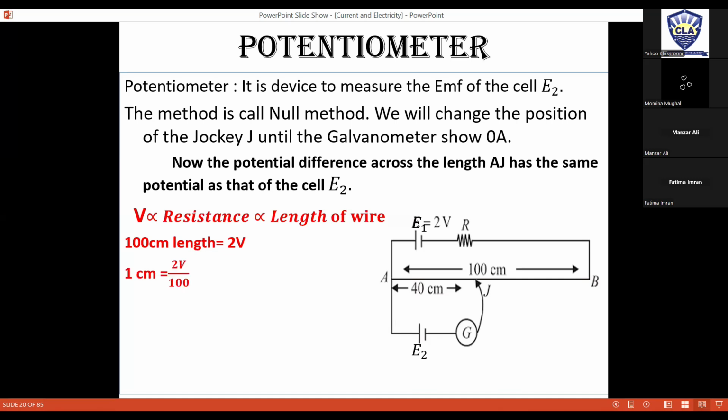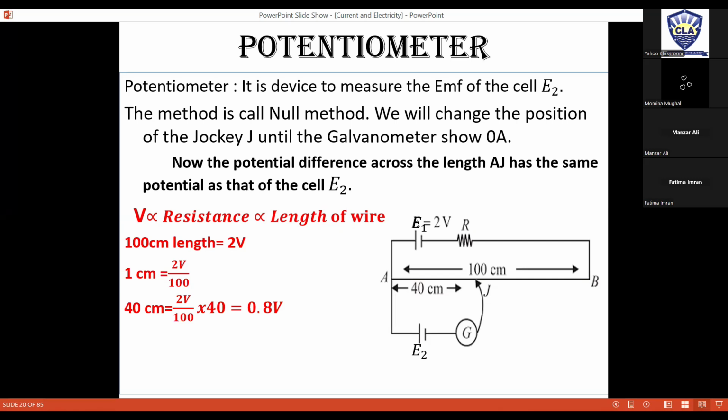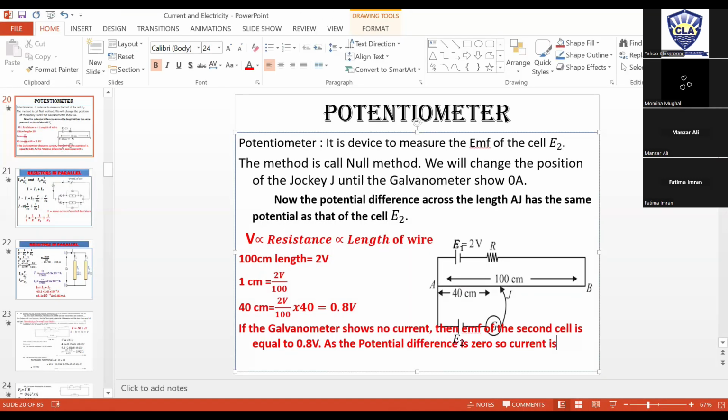If we have 40 centimeters, 1 centimeter will be 2 volts divided by 100. In other words, 40 centimeters means it will have a voltage of 0.8 volts. And if the current is equal to zero, then the EMF of E2 will also be equal to 0.8 volts. So this is the logic.